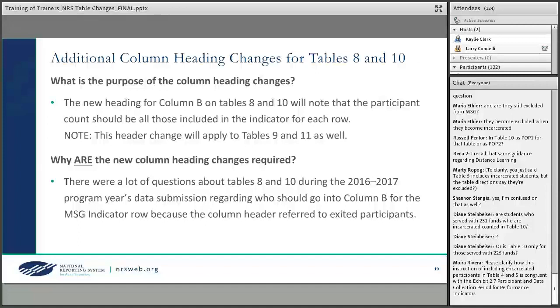I see a couple of questions about that. The other question is, are students who serve under 231 funds counted in Table 10, or is it just 225? It would just be 225, I believe. I don't know who would be in 231 and not be funded by 225, but Table 10 is for participants in programs funded by Section 225.